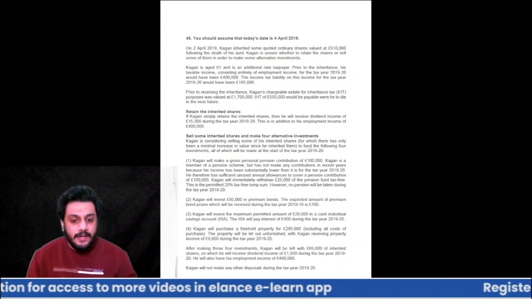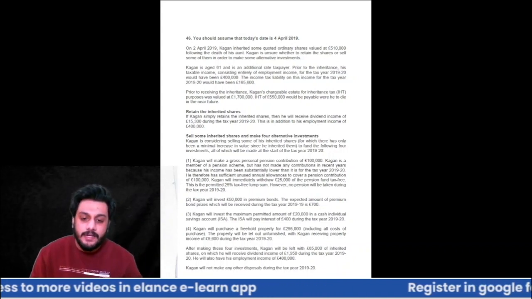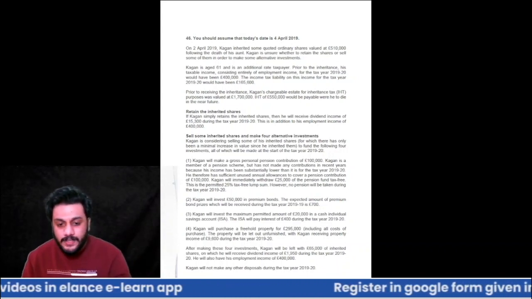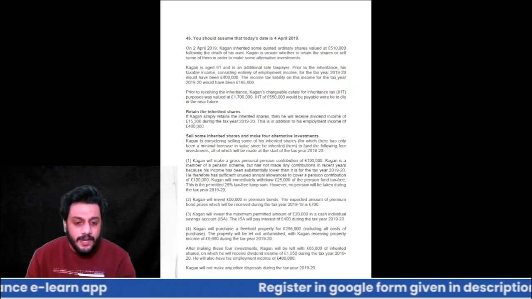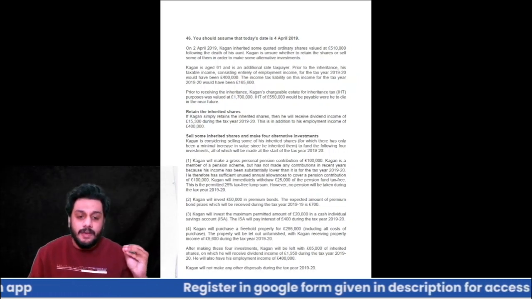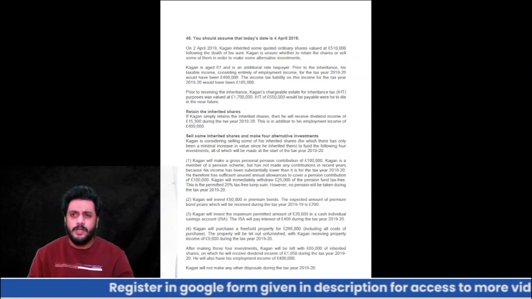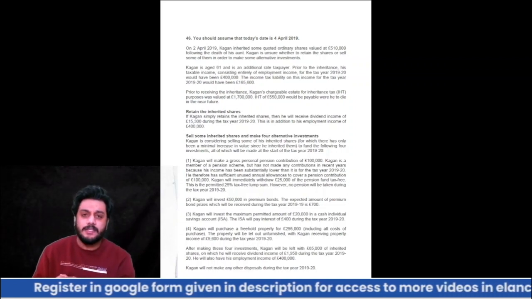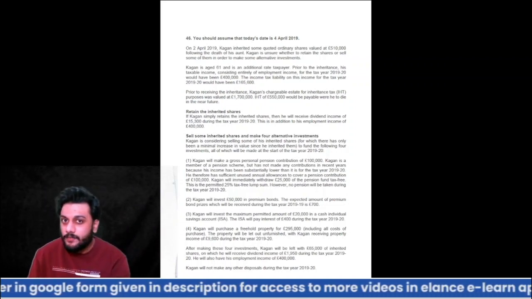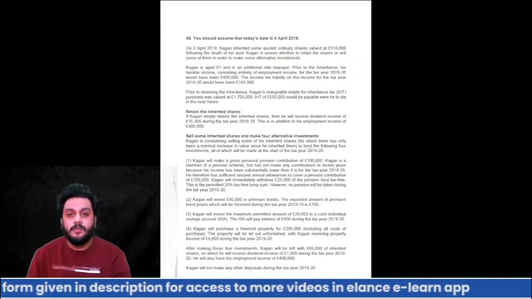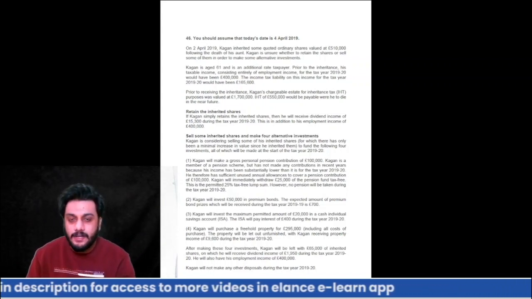Prior to receiving the inheritance, Kagan's chargeable estate for inheritance tax purposes was valued at 1.7 million and IHT of 550,000 would be payable were he to die in the near future. So he already calculated the death estate tax as well. If he is dying in the near future, he has to pay 550,000 as death estate tax.